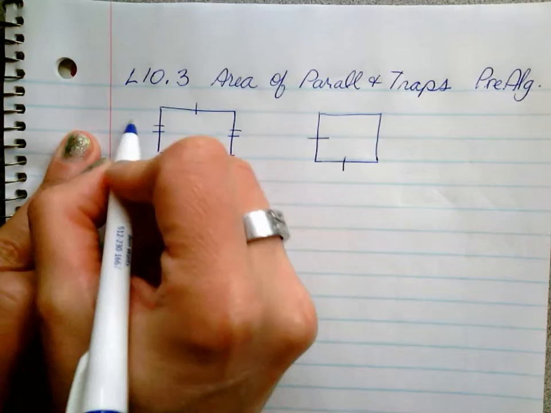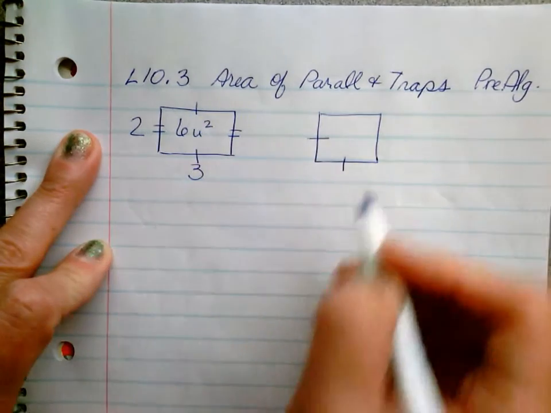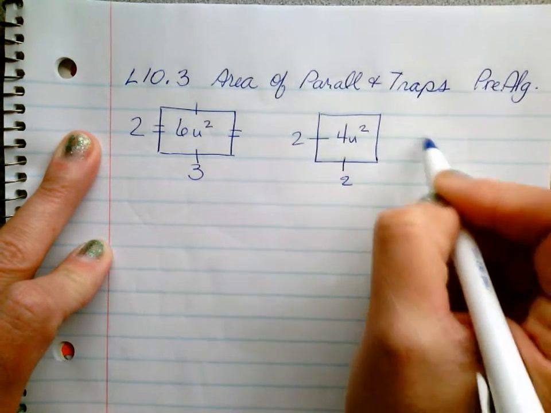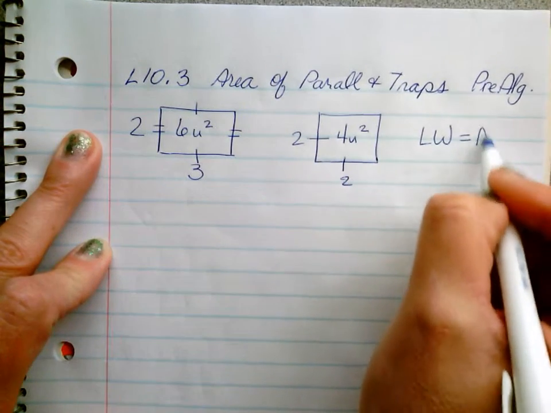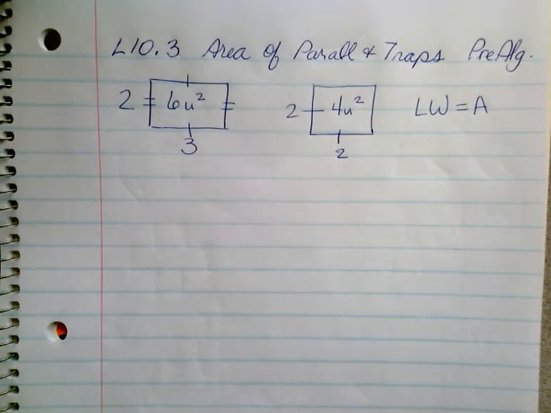Let's just say this is 2 and this is 3. You would say this is 6 units squared. And if both of these are 2, you would say that's 4 units squared, because length times width is area, right? And back in the day, you would think of length as being the longer side and width being the other side.